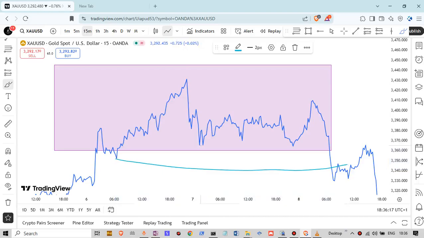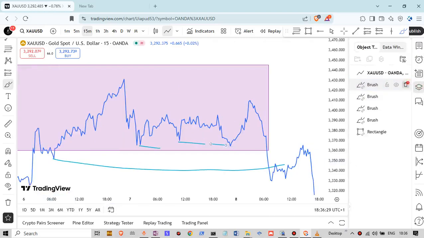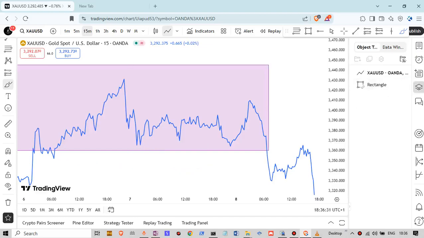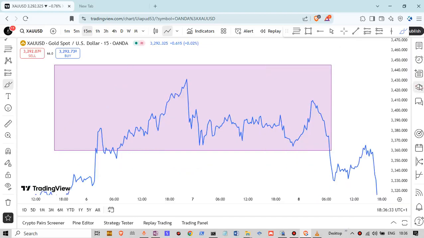Even though these lows were broken, I will not put my attention on them until this one down here has been broken. The moment that one has been broken, I get ready to take my trades to the downward side. Do you understand?